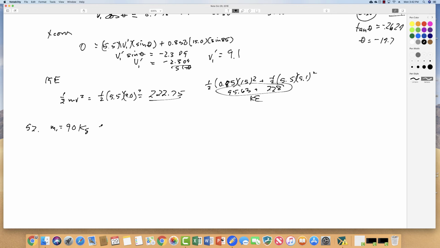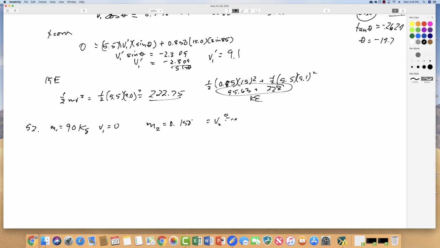So M1 and V1 is 0. M2 is equal to 0.150, and V2 is equal to 0.